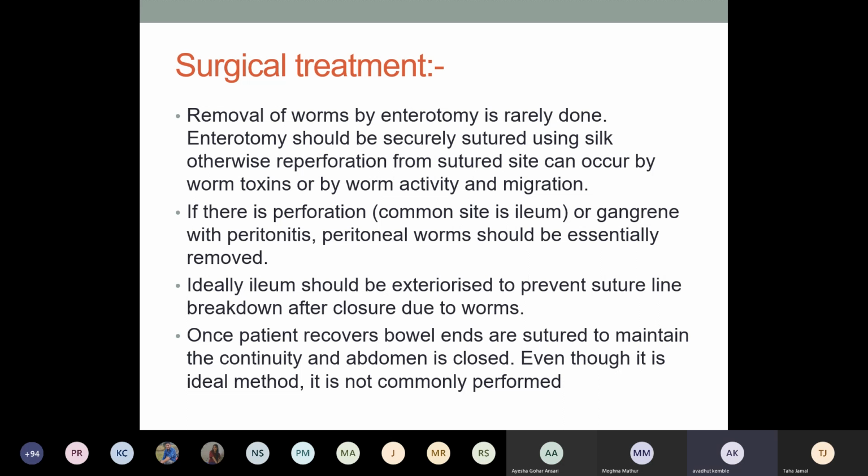If there is perforation, in roundworm infestation the most common site for perforation is the ileum. It can present as gangrene with peritonitis. Peritoneal worms should essentially be removed. Ideally, the ileum should be exteriorized to prevent suture breakthrough after closure due to the worm.